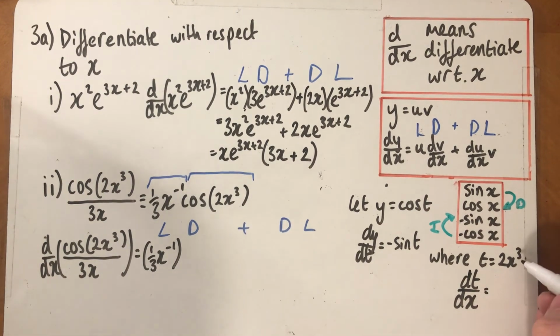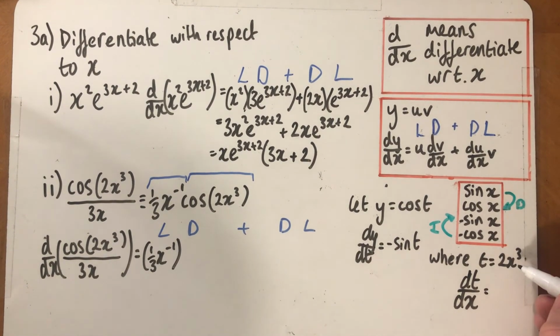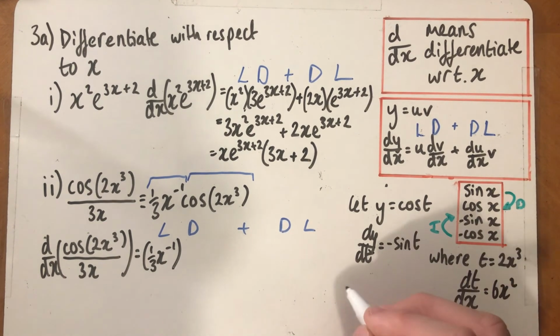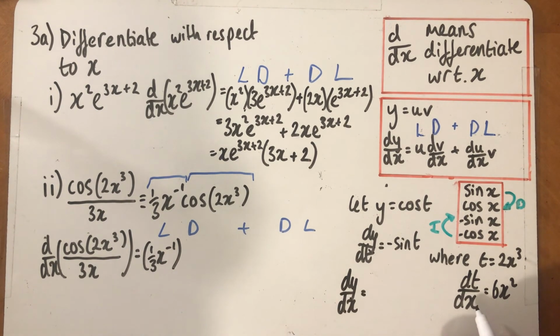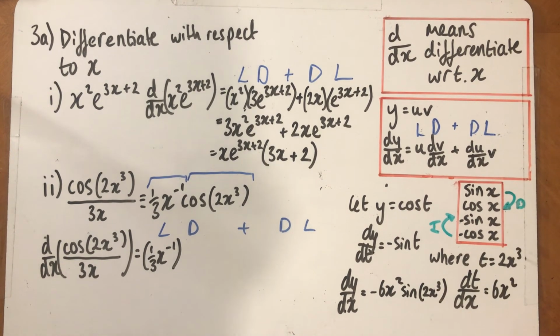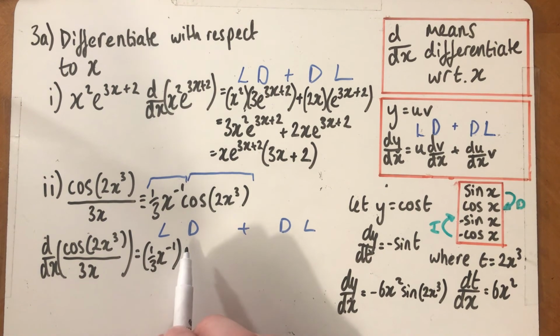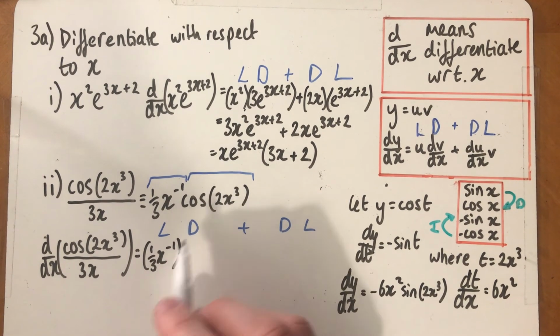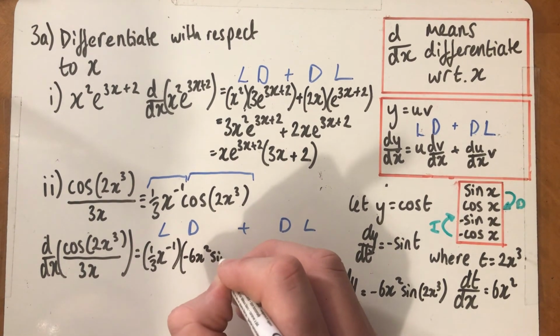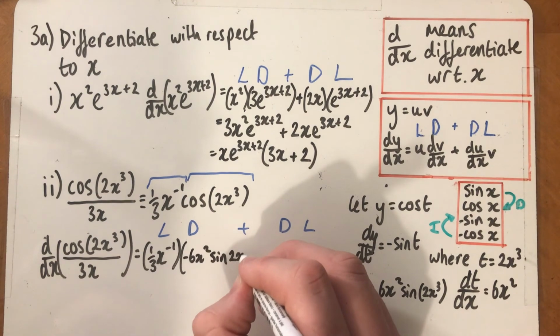Okay, so we multiply by the power and minus 1 by the power. So this differentiates to 6x squared, and then to find dy by dx, we simply multiply these two together. Okay, so we're left with minus 6x squared sine t, and we know that t is 2x cubed. Okay, so coming back here, we know when we differentiate this, we get minus 6x squared sine 2x cubed.